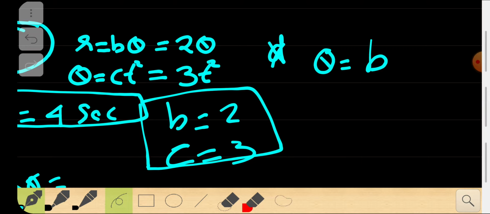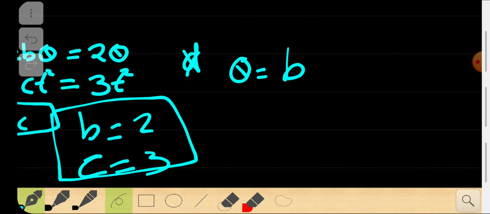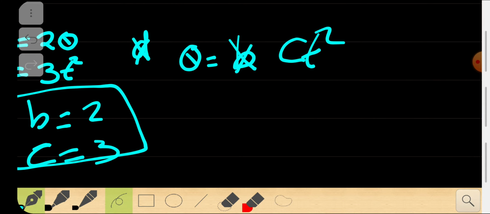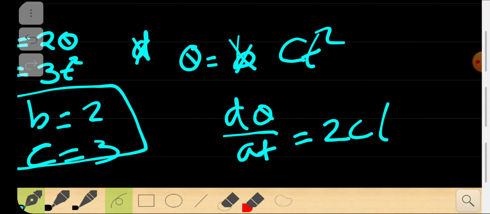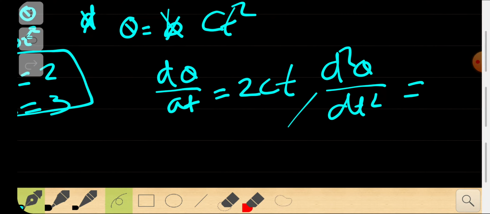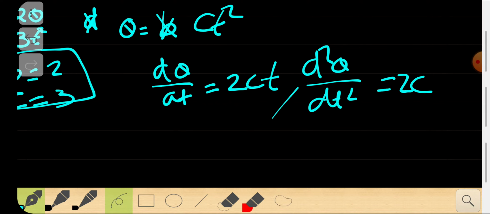Now let's use this in a generic equation so that it has a basic form. So theta is equal to c t square, so d theta by dt will be equal to 2ct, and d square theta by dt square will be equal to 2c. So we got that.